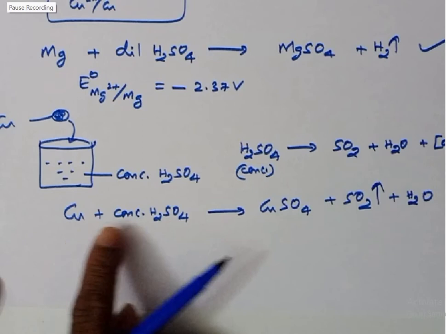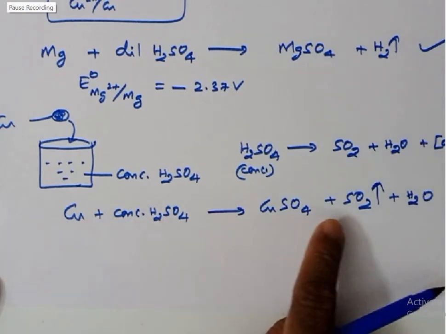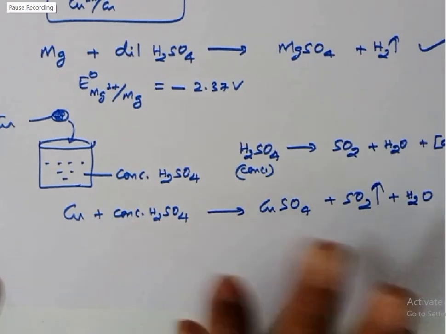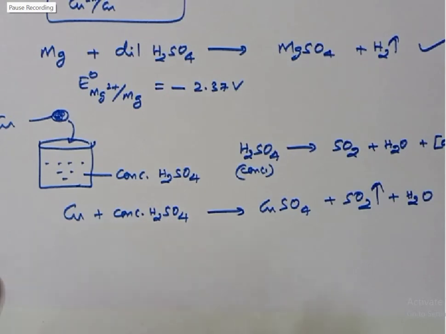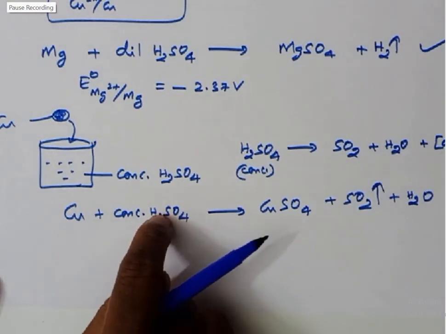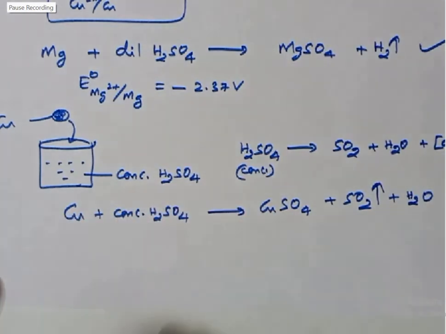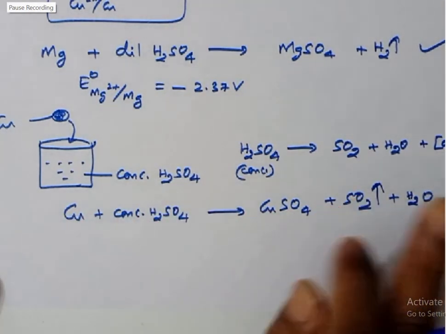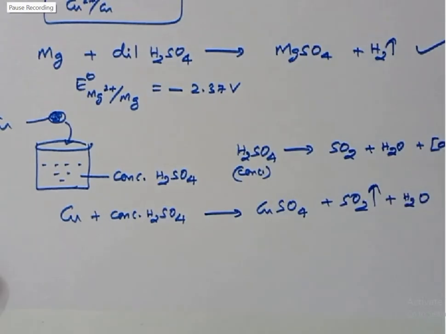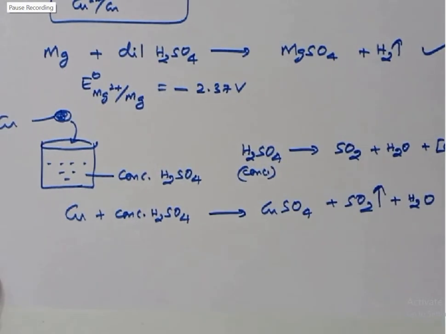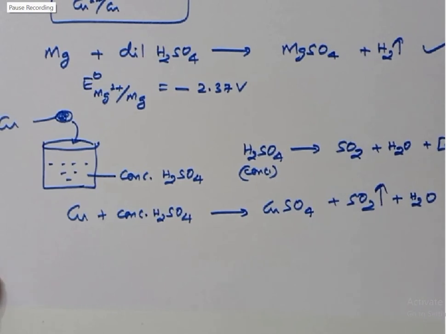Even with the concentrated sulfuric acid, copper does not displace hydrogen gas. But since concentrated sulfuric acid is a good oxidizing agent, it will oxidize copper into copper sulfate. This reaction will occur, but you will never get H2 gas. You will get some other gas. Is this point clear, students? Hello, students? Is this point clear?